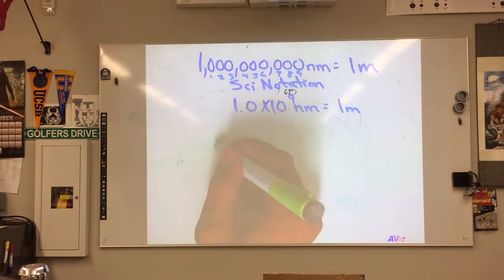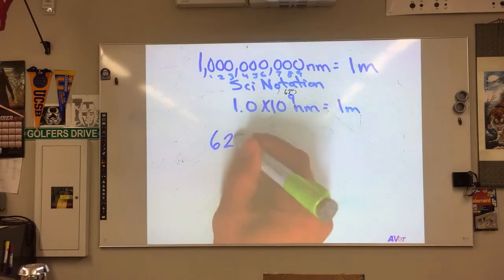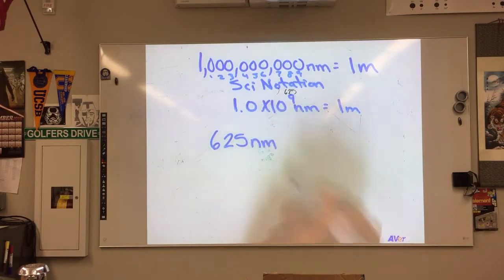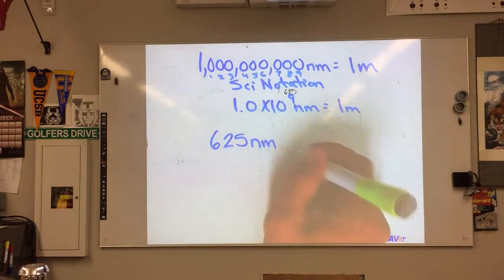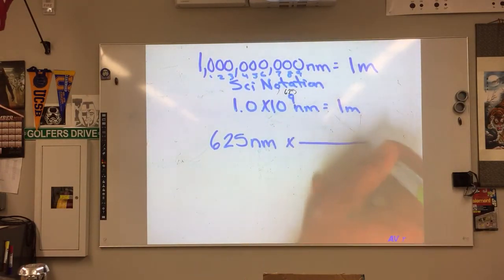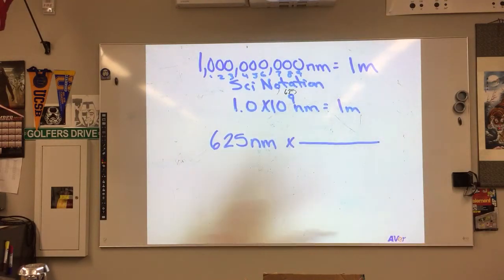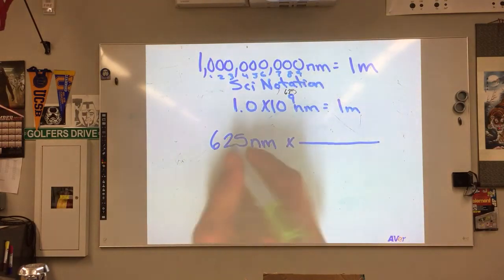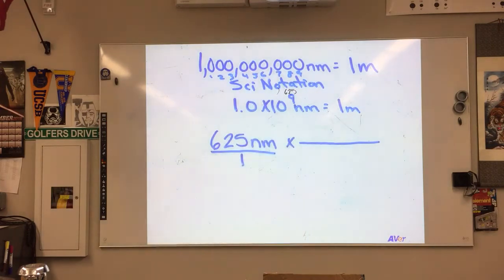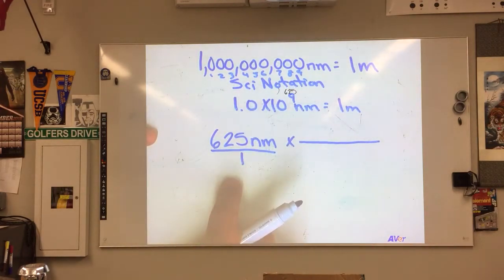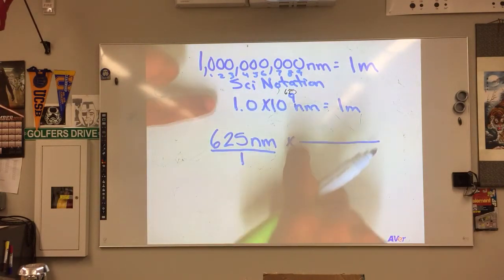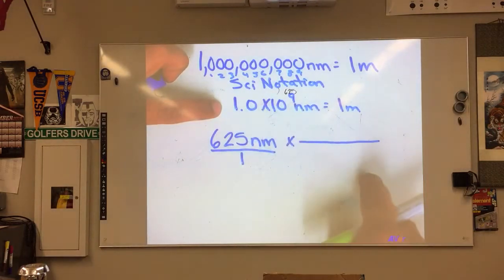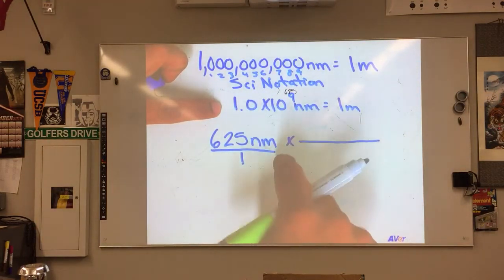So we will take 625 nanometers. We're going to multiply this and cross cancel. This is essentially the same as 625 nanometers over 1. Over here, we're going to look for nanometers and put that across so we can cancel that out.